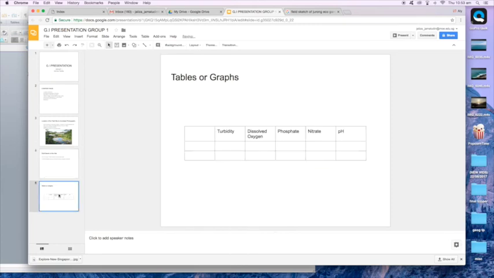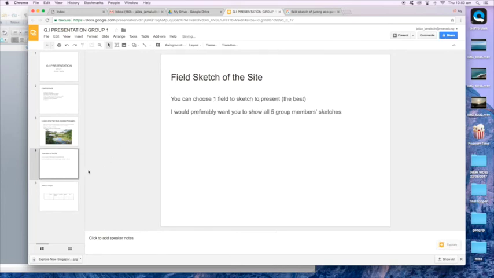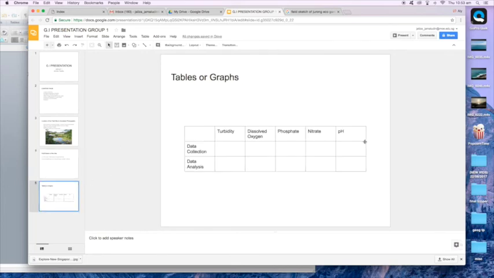Maybe say data collection here and data analysis. So this could be one table of how you present. And maybe if you could include factors like temperature at the top.